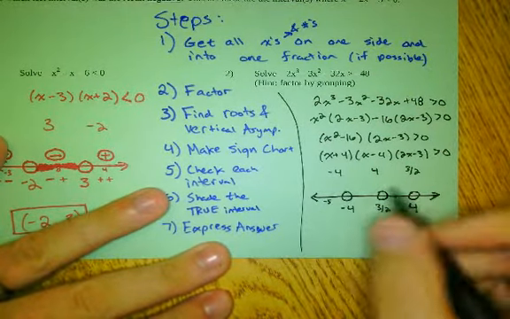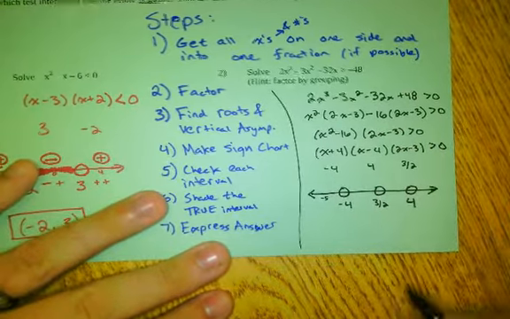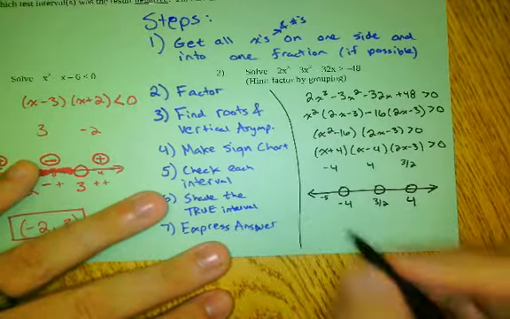Alright, and I'll kind of do this. I'm going to put in negative 5 and see what I get. Oh, I was like, did I really say that?